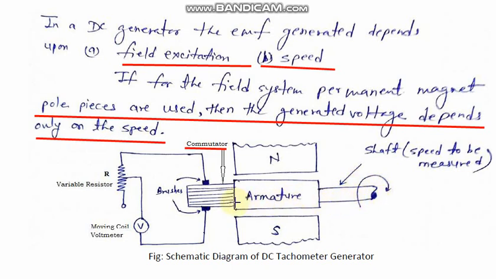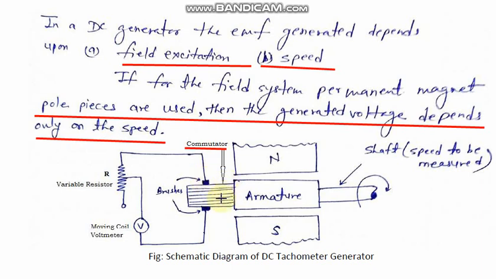On the other side of the armature there is a commutator which will convert the AC, because in one rotation, one time the first winding will be in contact with the upper brush, and another time the other terminal of the winding will come in contact with the brush.